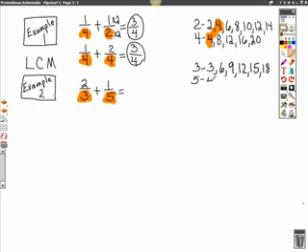And then we can do 5: 5, 10, 15, 20, 25, and so on. Now we have easily determined, if you compare numbers, where do you see a number that's the same in both? The lowest would be 15.